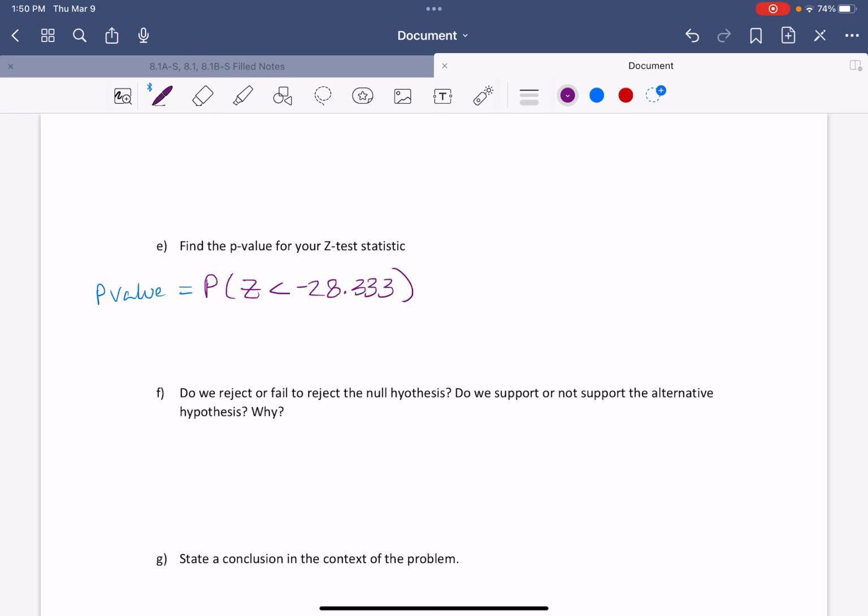All right. Professor, is that going to be required for us to do that on the exam? No. But what is required is the normal CDF. I do want you to write out how you are entering into your calculator the normal CDF. So I do want you to do normal CDF, parentheses, the lower bound, negative 9999, upper bound, negative 28.333, followed by 0 and 1. Parentheses.